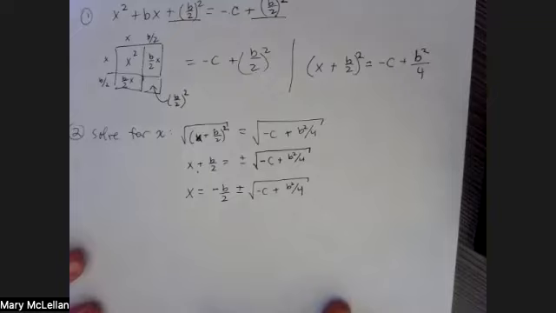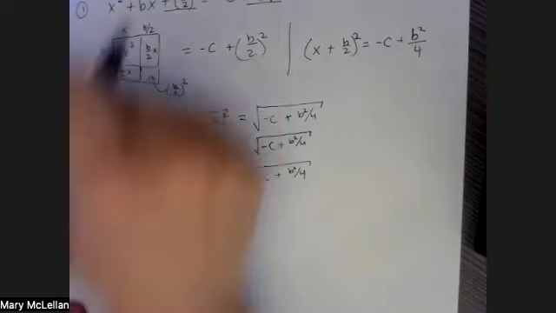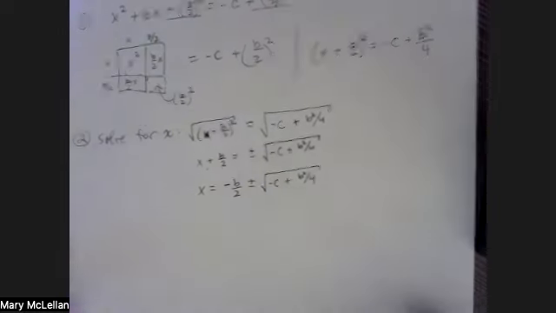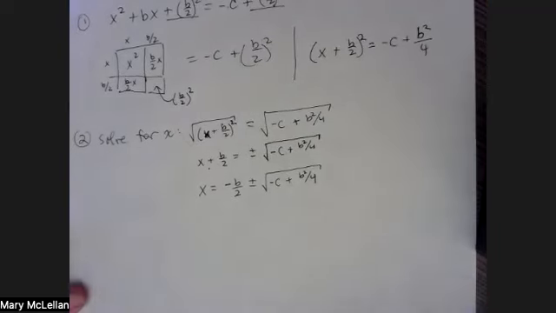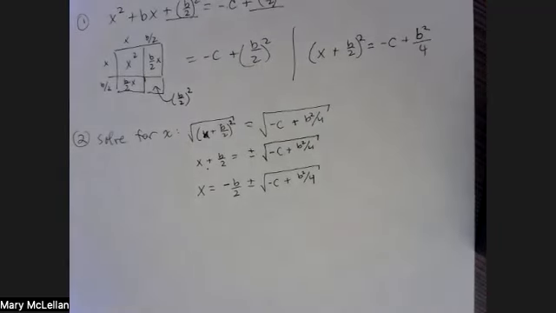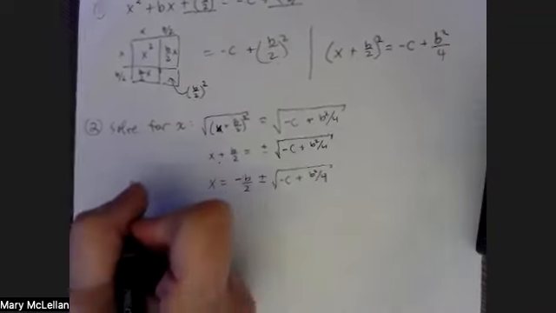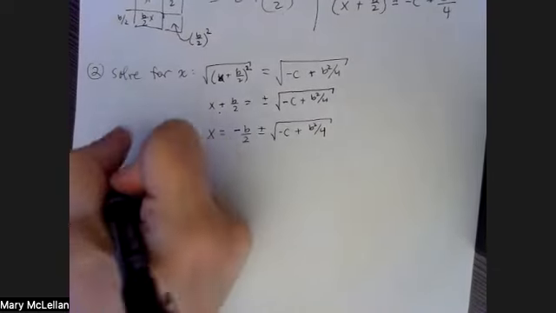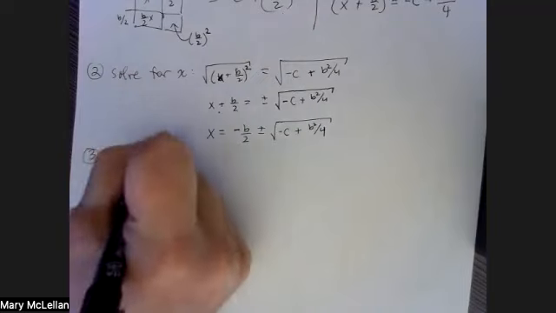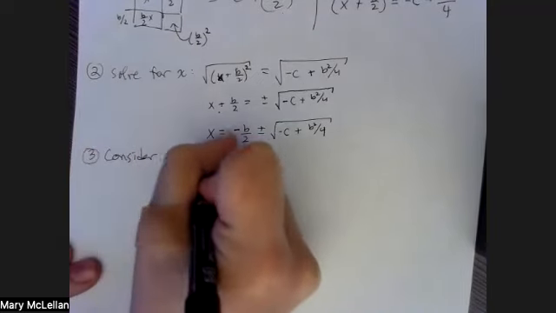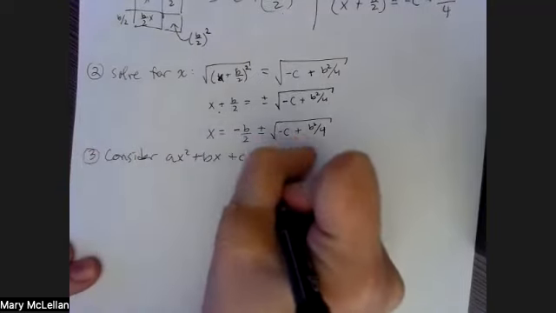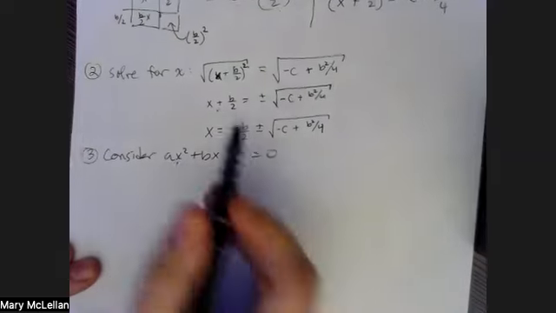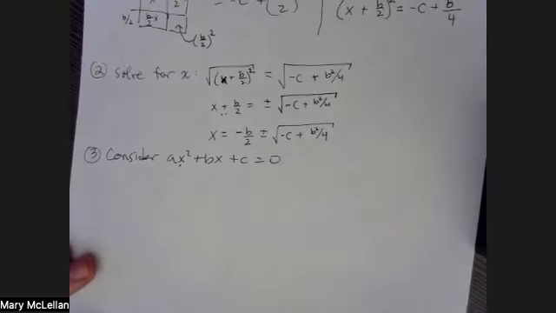Now we are going to consider the case when ax squared plus bx plus c equals 0. And it's honestly not that bad if you relate it back to what we've already done. So we're going to build off of this. 3. If we consider ax squared plus bx plus c equals 0, we can reduce this to that version, which is what you would do if you were actually completing the square.